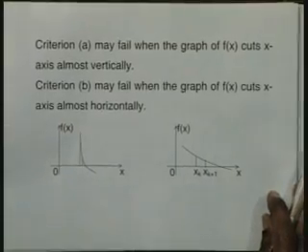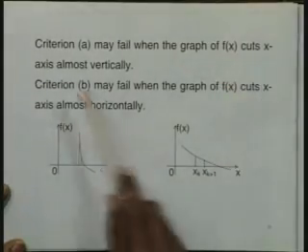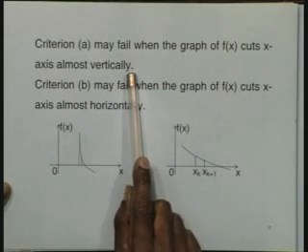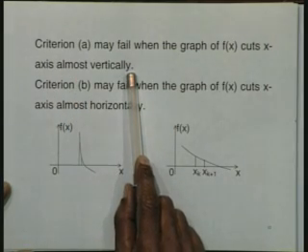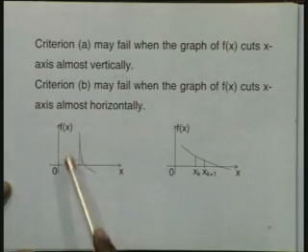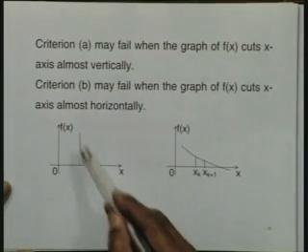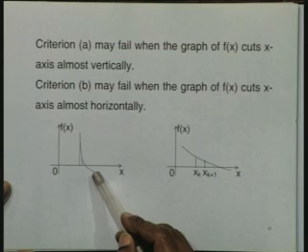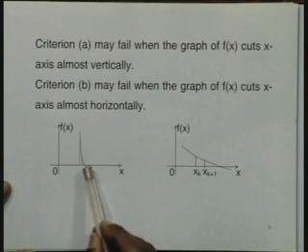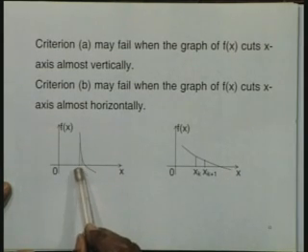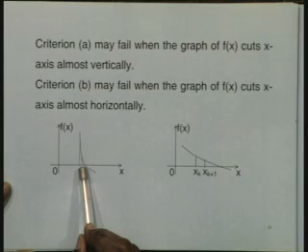The first criteria may fail when the graph of f(x) cuts the x axis almost vertically. Let us see what is going to happen. I have drawn the graph, and now just draw the graph almost vertically. Then if I take any two successive points here, xk on the left and xk plus 1 on the right, these two are the points.